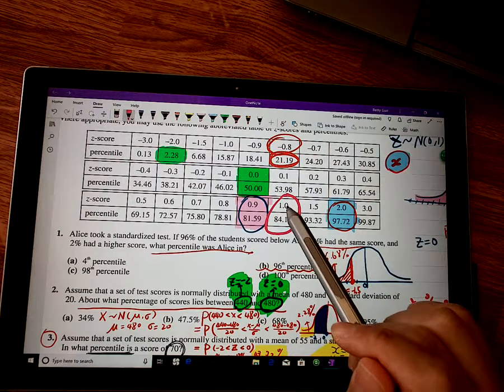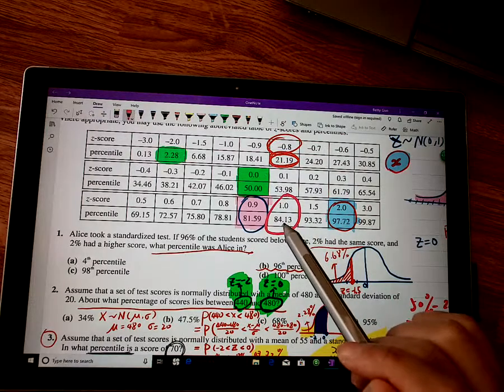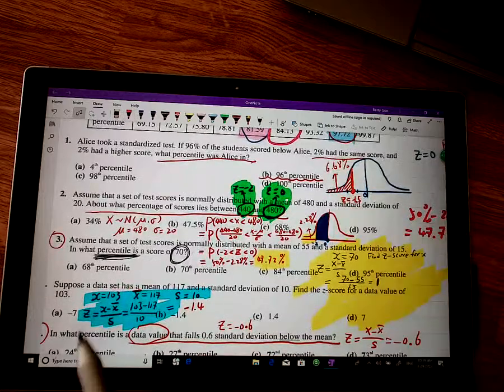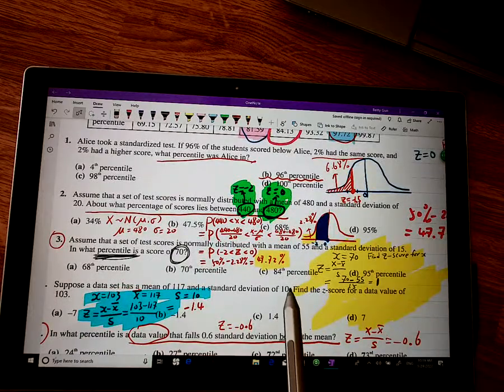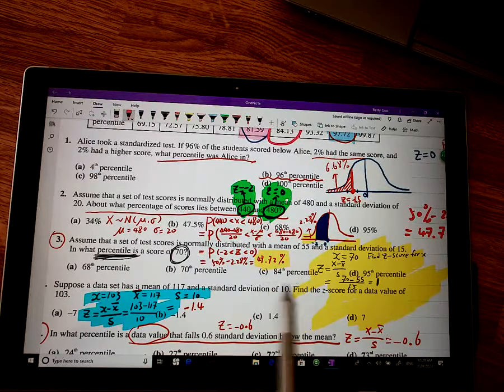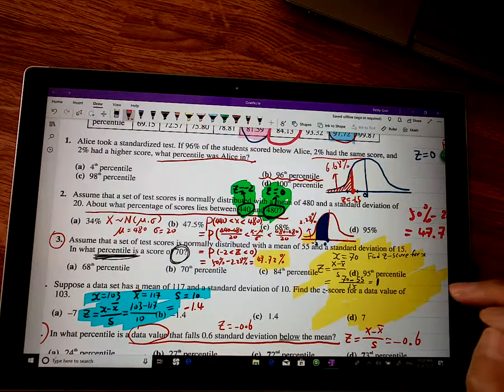By the table, if the z-score is 1, the corresponding percentile is 84.13%. Then you just choose 84.13%. We don't have 0.13%, but you just choose C, right? You know that. Just round it down. Isn't that easy?